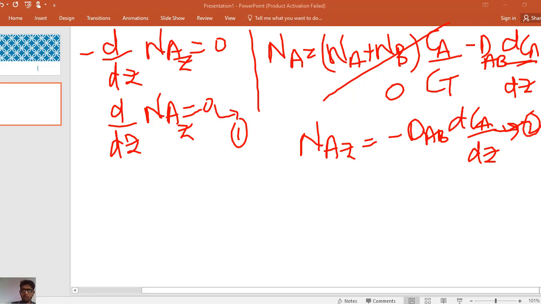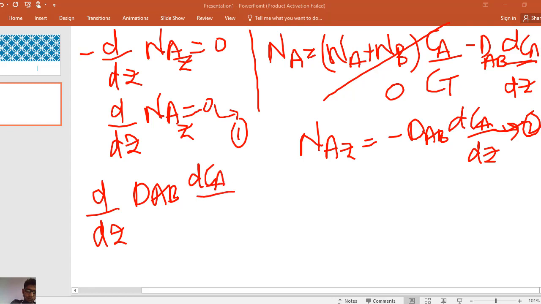Put equation 2 in equation number 1. So we will get d by dz of DAB dCA by dz in the minus term, equal to 0.